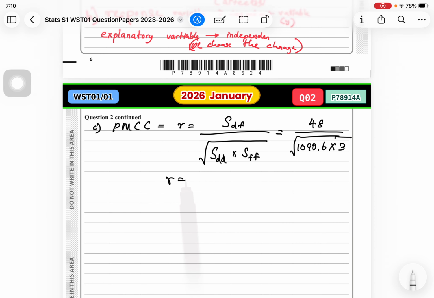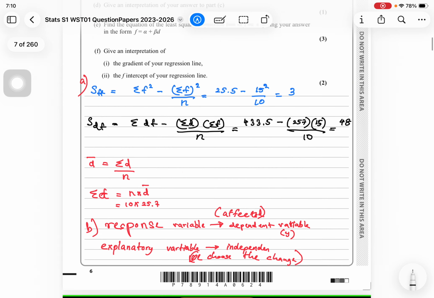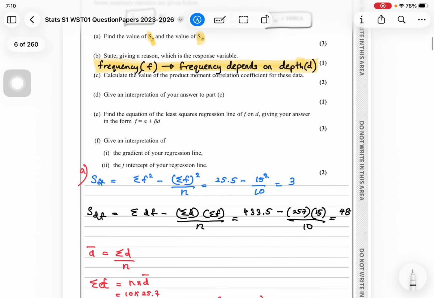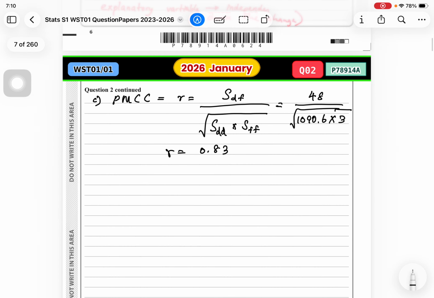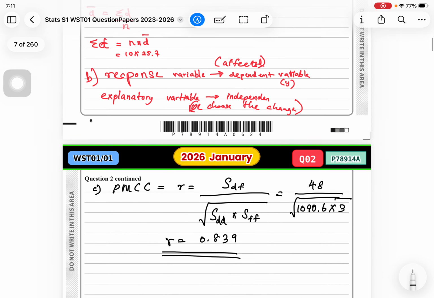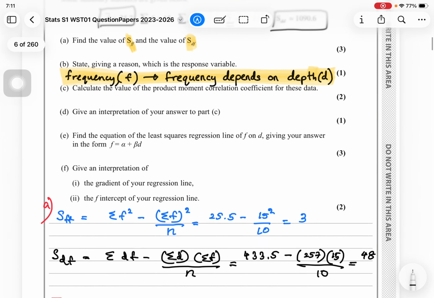So the R is going to be 0.83. How many decimal places are they asking? They didn't mention any, so we can go with 3 significant figures, 0.389. This is how you get the R. So part C is also complete now.